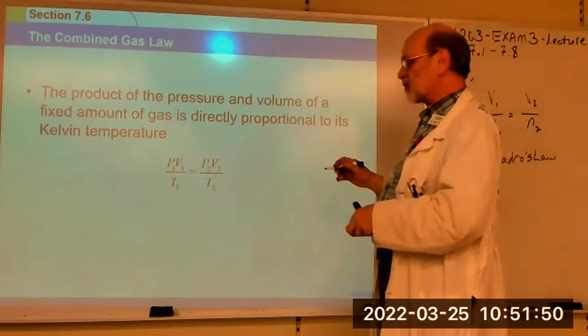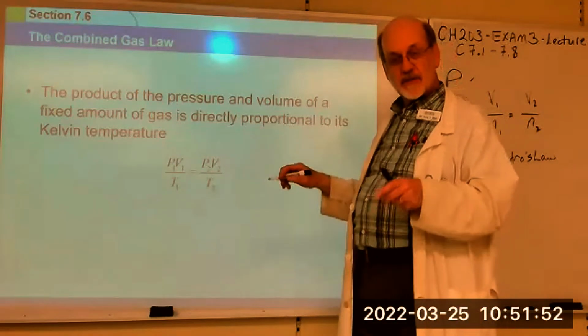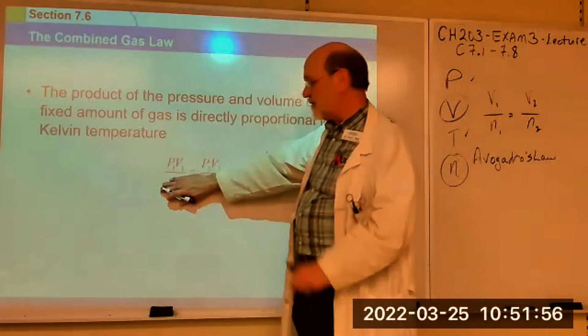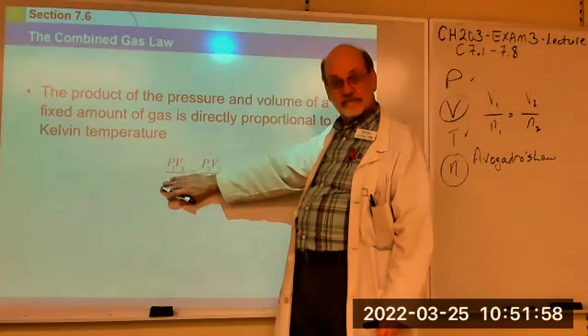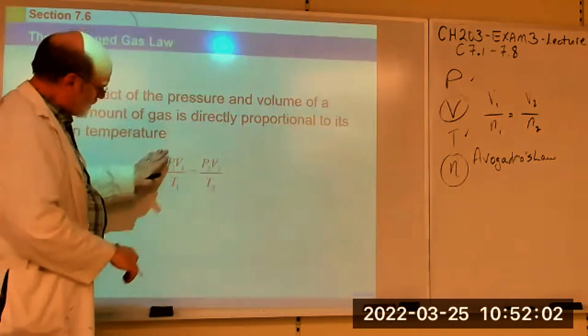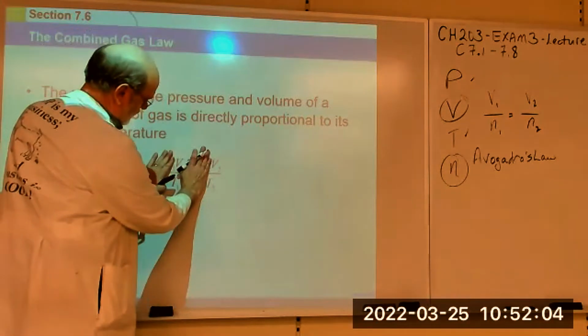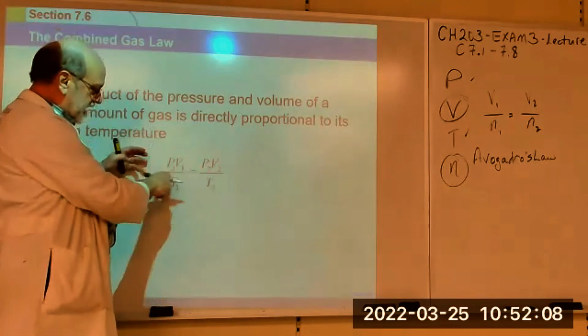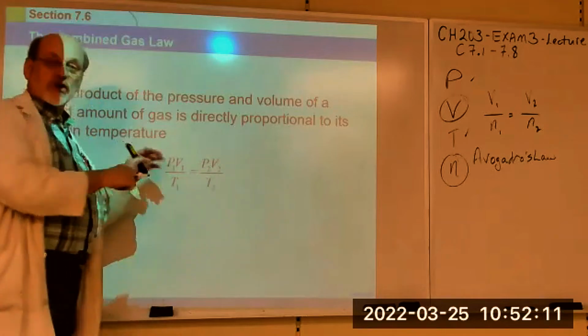If we have a pressure-volume relationship, pressure 1 times volume 1 equals pressure 2 times volume 2, we have Boyle's law, right? But if we're wanting volume, like that, we have Charles' law. So if we put those together, we have Boyle's and Charles together.